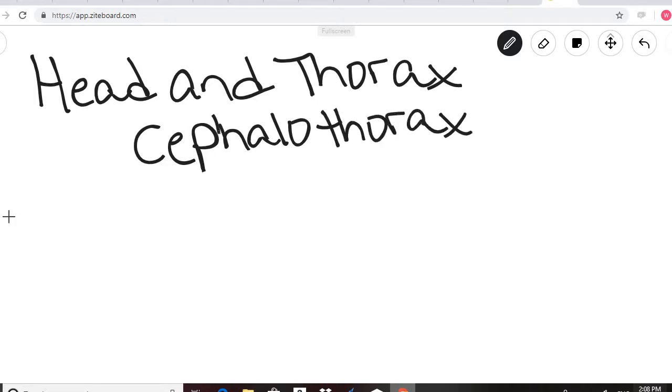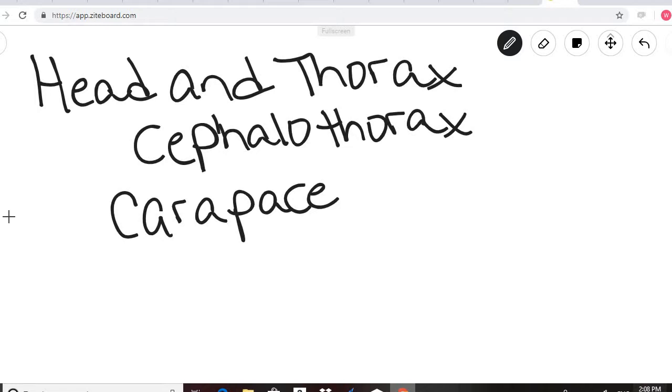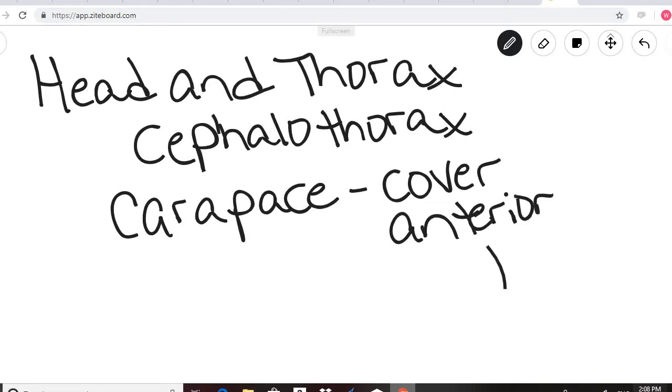So the head and thorax are often just combined into one, and then they will have a structure called a carapace that is used to cover the anterior portion of them. It's like a protective mechanism over the anterior part of the organism. So it basically covers the head and the thorax. So they have a cephalothorax, and then behind that they have the abdomen.